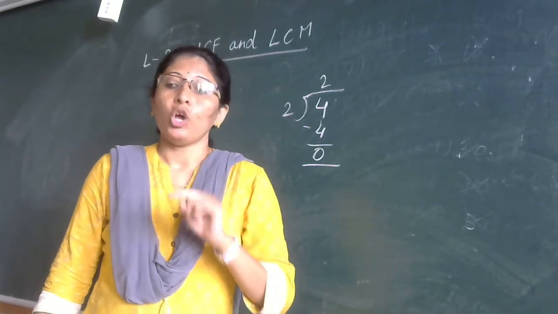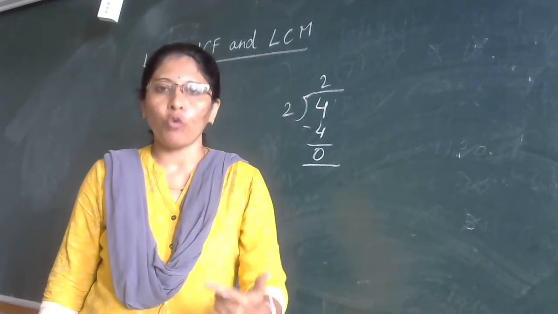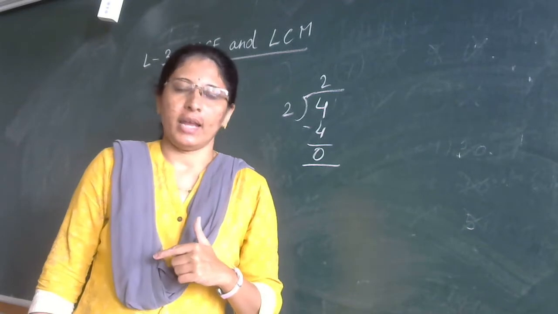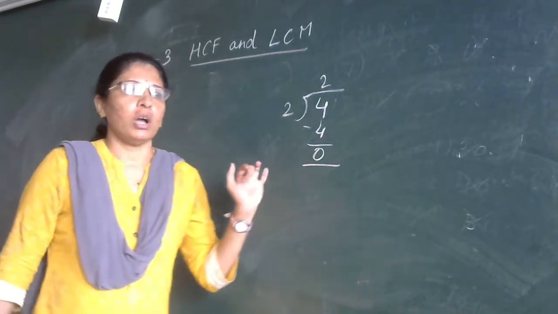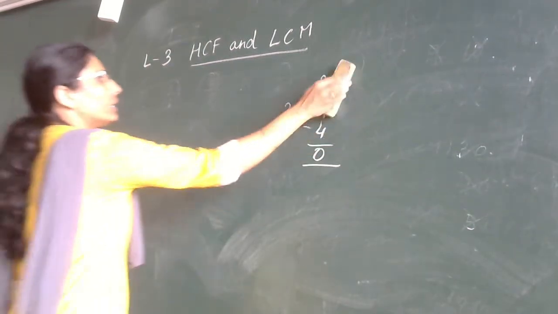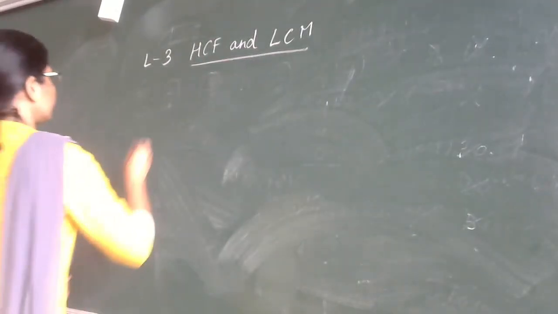Okay, so you are having the divisibility test for 2, 3, 4, 5, 6, 7, 8, 9, 10 and 11. Okay, so let us see which those divisibility tests. First we will see the divisibility test for 2.